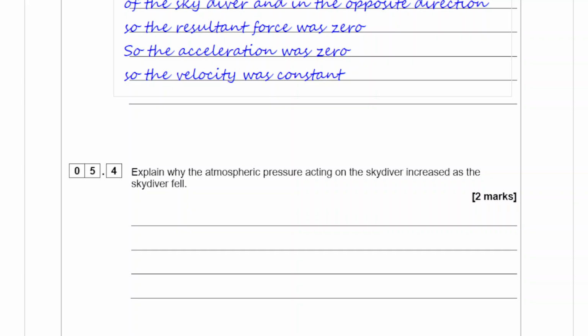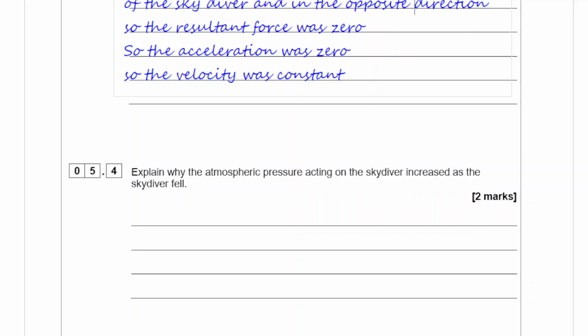Explain why the atmospheric pressure acting on the skydiver increased as the skydiver fell. Now, atmospheric pressure is due to the collision of the air particles on the skydiver. As he's falling down, the density of the air around him increases because air is denser near the surface of the earth.